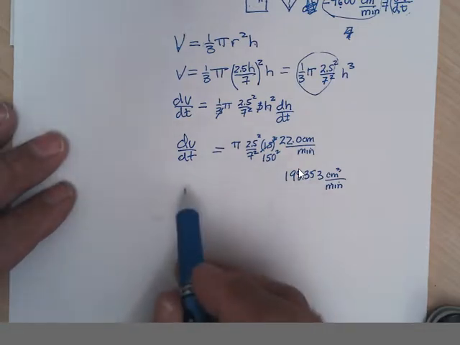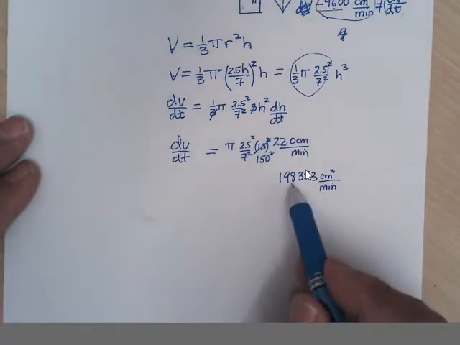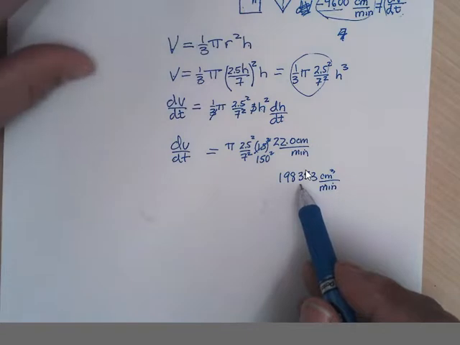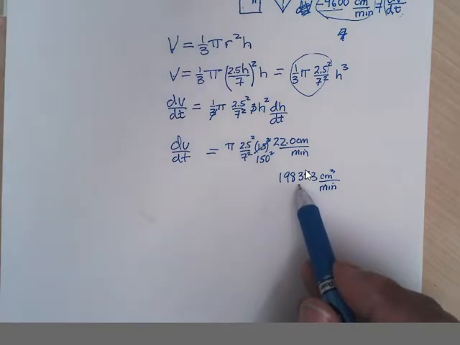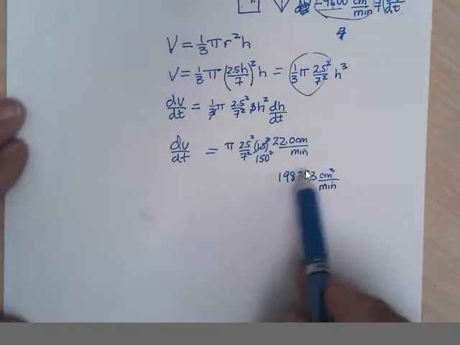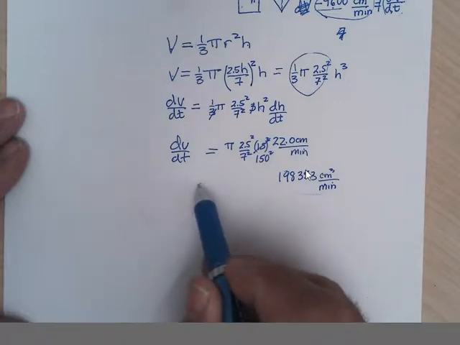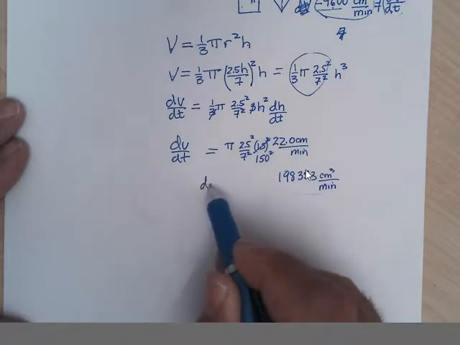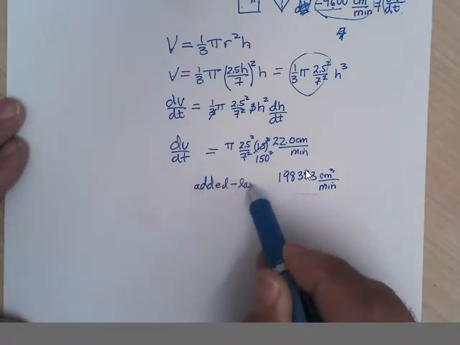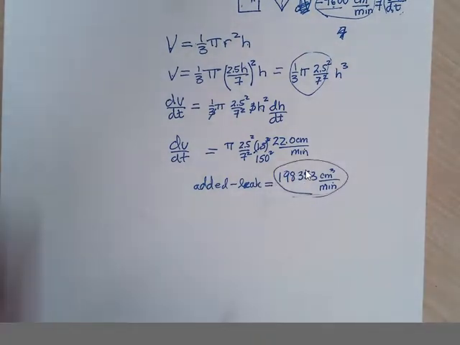Now, it said the leak was taking water out of it. This is how much the volume of this is changing. If the water level is rising, so it's gaining. So this is how fast it's rising, and so there's the amount that's being added, the water added, minus the leak is how much water is causing the rise.